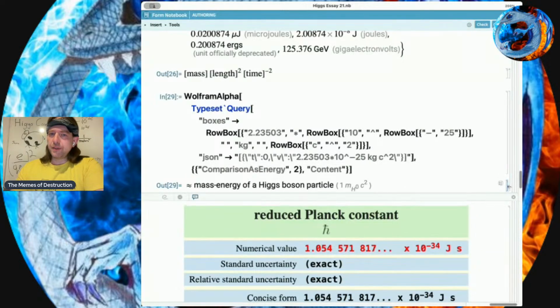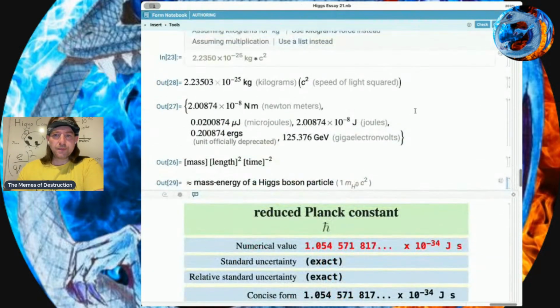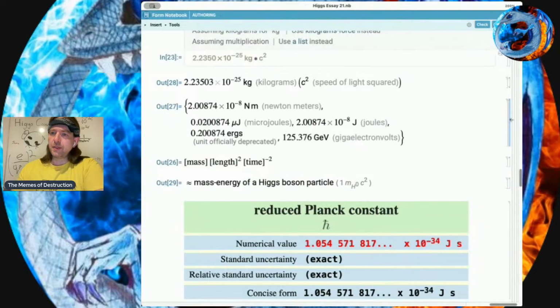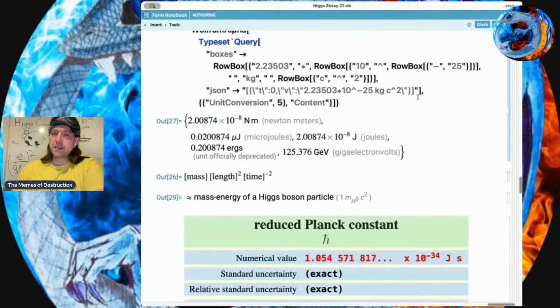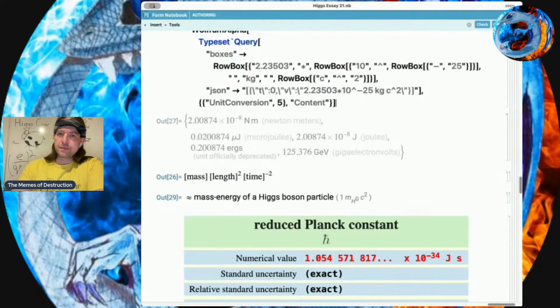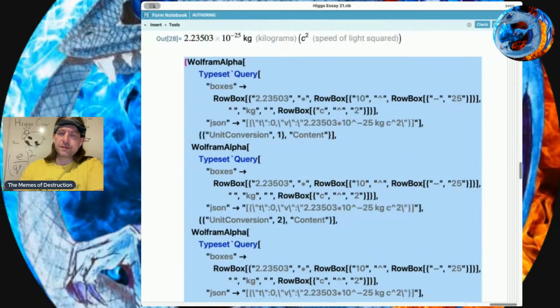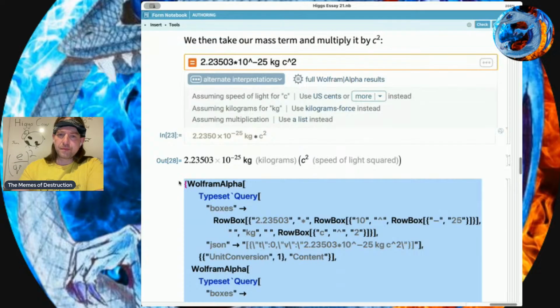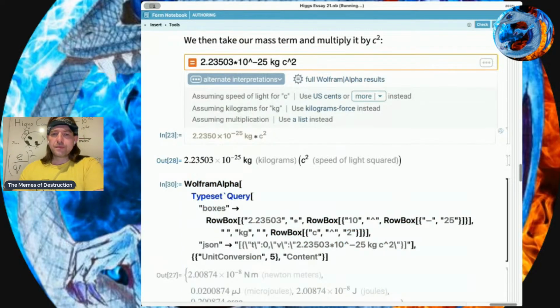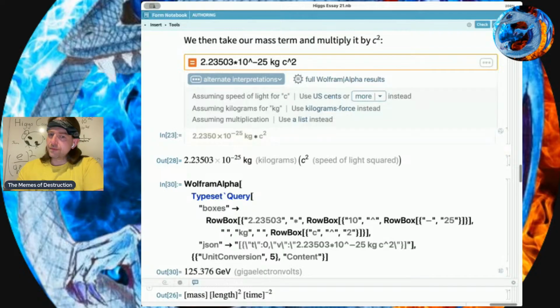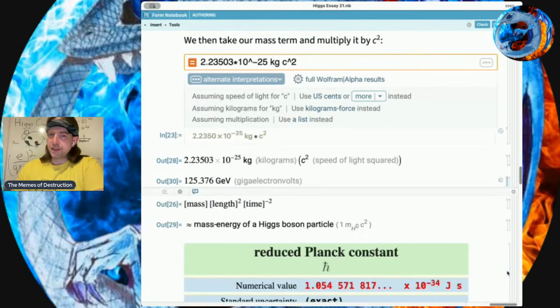Higgs, beautiful. Last there. Preparation 5. There we go.